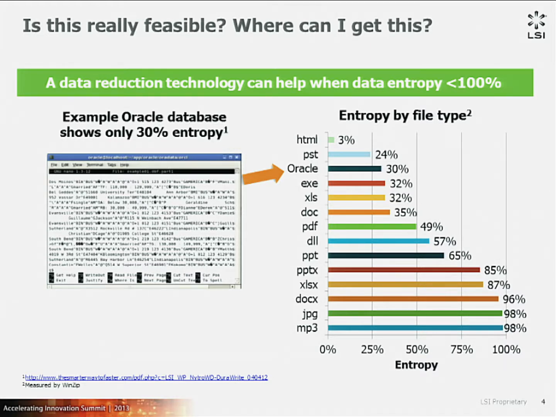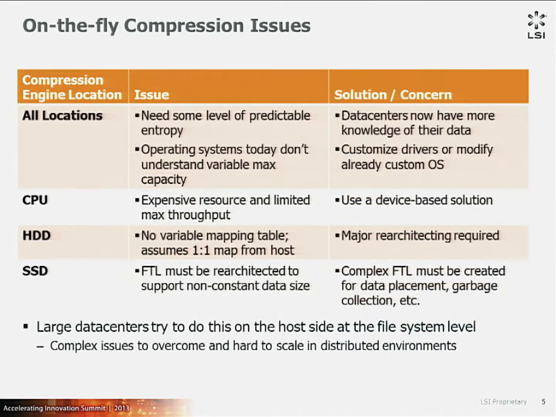In those cases, you can't really get much out of them, but you can see there's a wide spectrum of different file types that give you different entropy levels, all of which can be taken advantage of. So if we go back to the Oracle example, if I'm running a database, I have as much as a 3x advantage in the entropy.